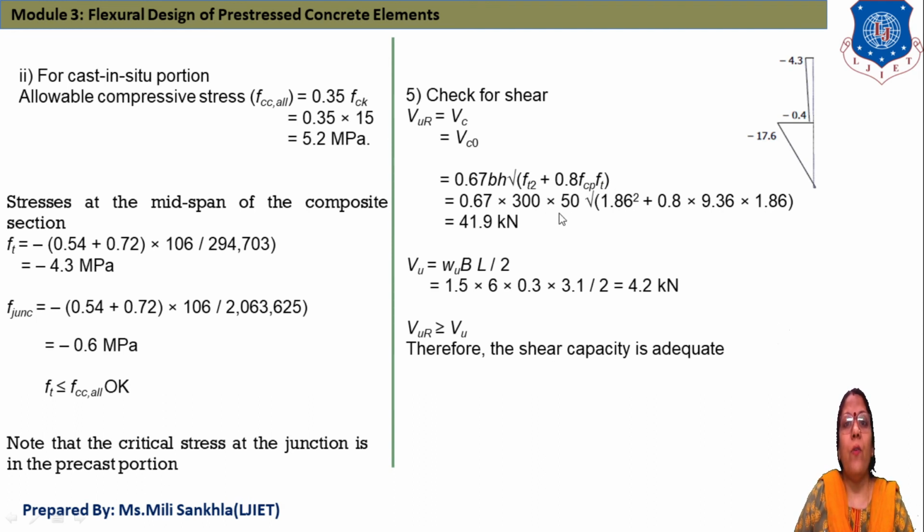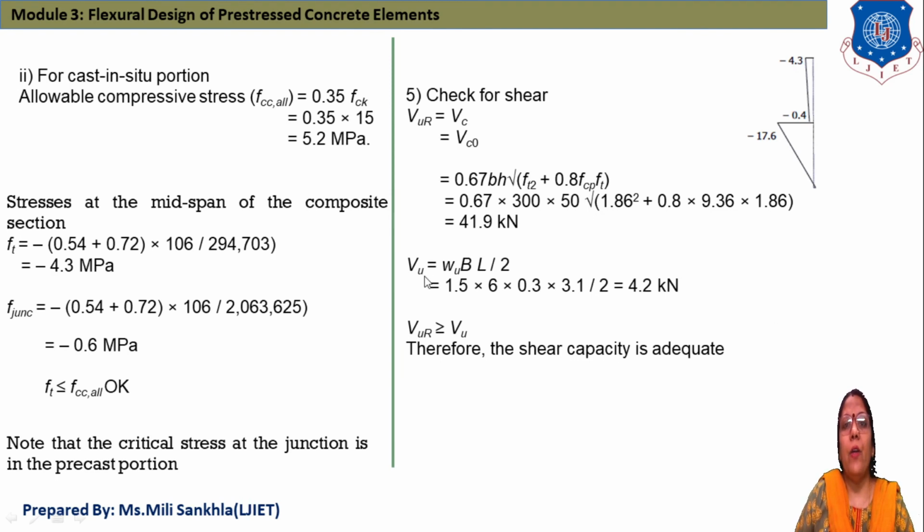We find out all these values. 0.67, width of this section is 300, depth h we consider as 50. ft squared means 1.86 squared, plus 0.8, and fcp is equal to 9.36 and ft is equal to 1.86. Put in all the values and our Vur is equal to 41.9 kilonewton.